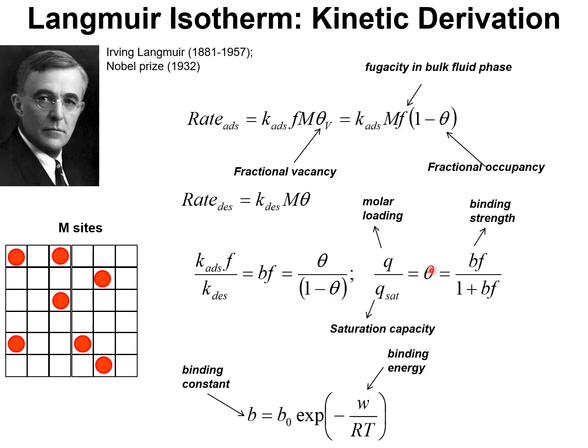The fractional occupancy can be derived in the form B times F divided by 1 plus BF. This is the classic Langmuir form of the unary isotherm.